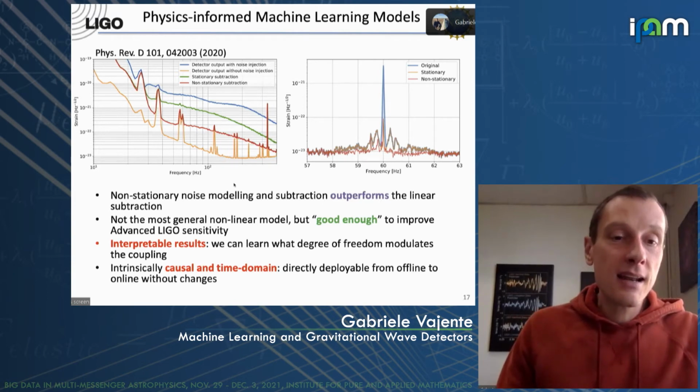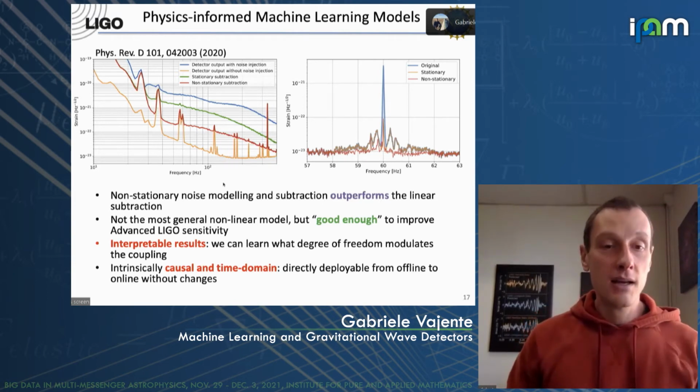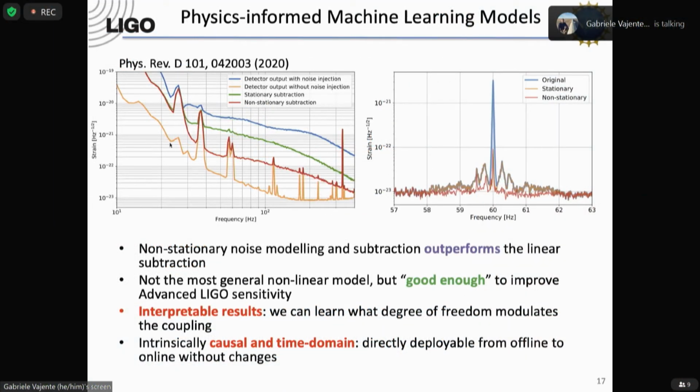This left plot here shows the same example I was showing earlier with the spectrogram. We started from the quiet condition, the orange curve, and then we injected a lot of signal cycling cavity length noise, so one of the auxiliary length degrees of freedom. If we try to do only a stationary and linear subtraction, we could get from the blue curve only down to this green curve.